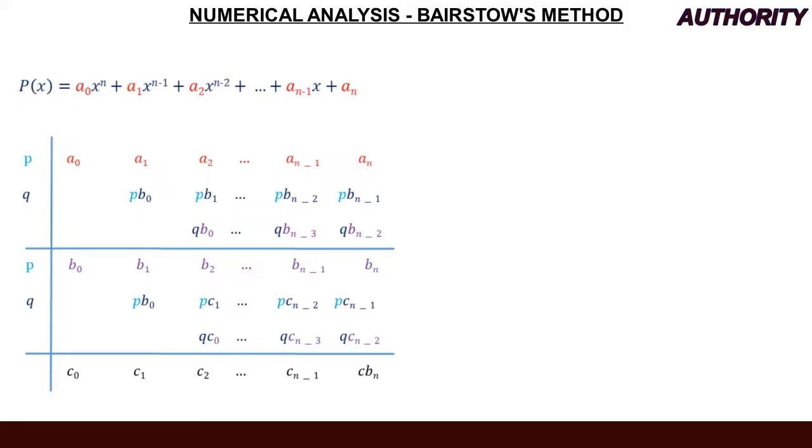In any successful iteration, there are things we are going to do to finish the iteration. For each iteration, we are going to have a new P. We are looking for P and Q such that P of x divided by this quadratic polynomial is going to give you 0, right?